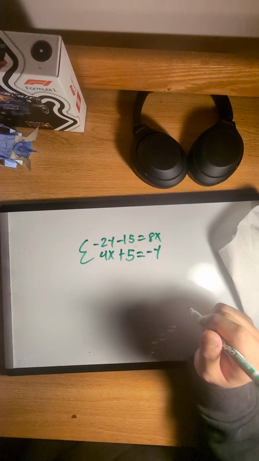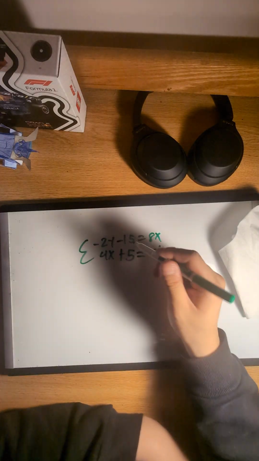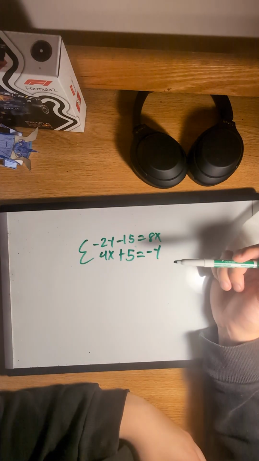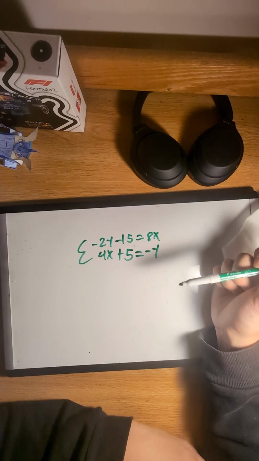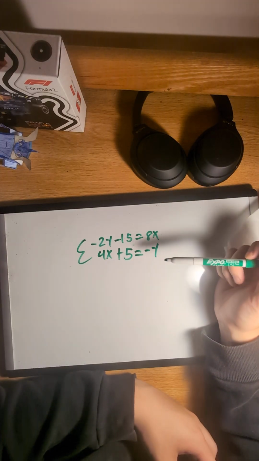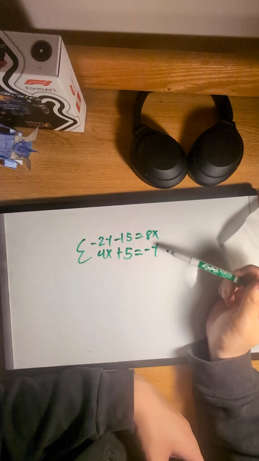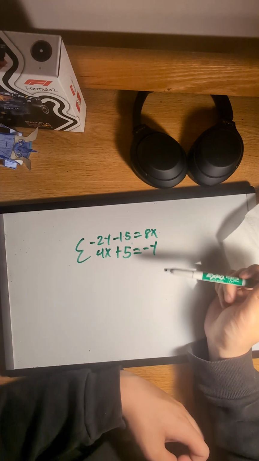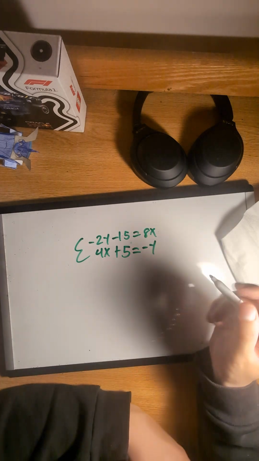For this one, we want to eliminate one of these, so we want to be able to cross a y or x value out respectively, and you almost want them to be matching. For example, if we were eliminating y, you'd want this to be negative 2y, and this would be positive y. But it's a little bit mixed up right now, so we're going to rearrange it first with this top one.